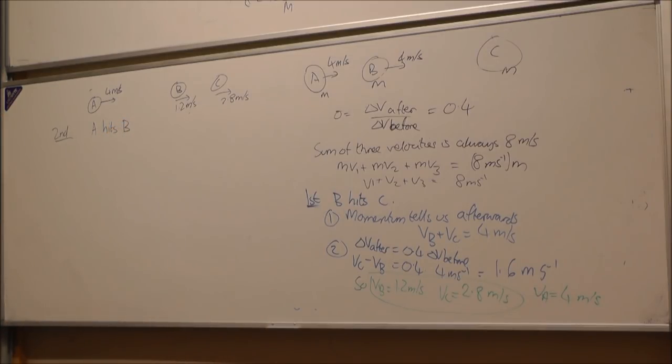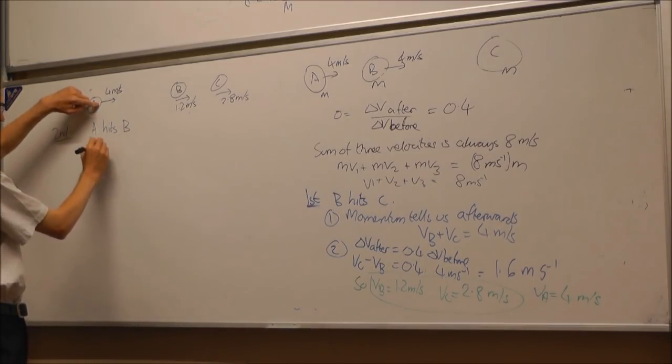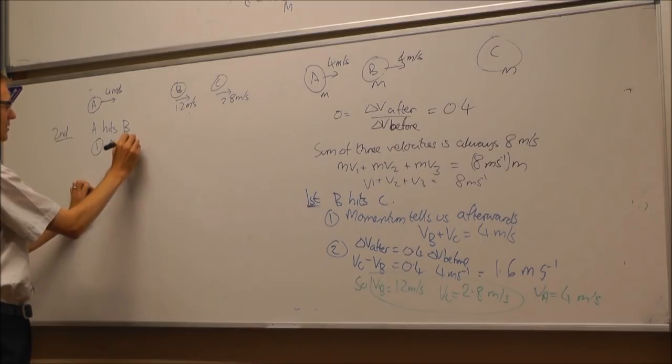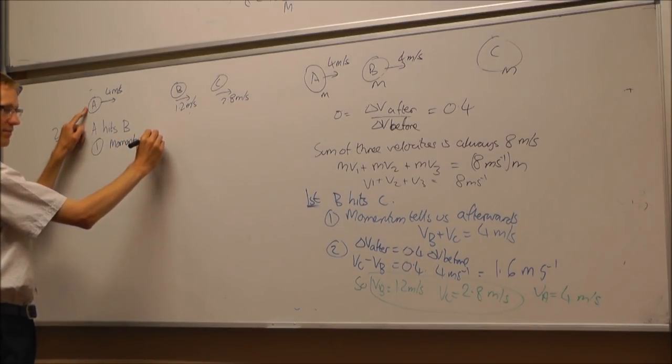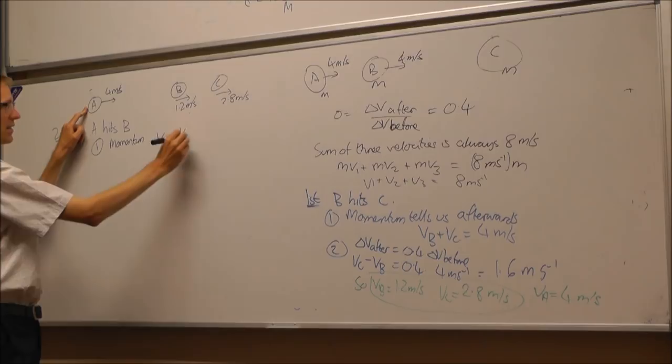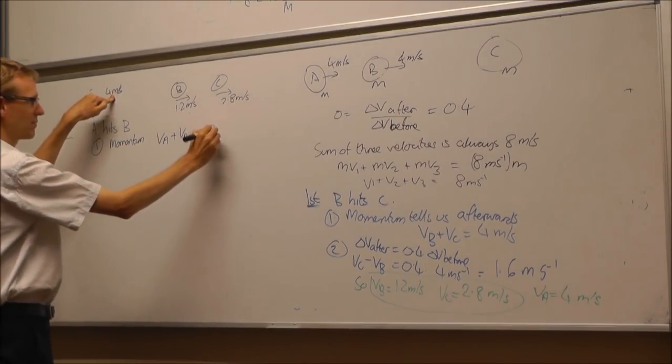And I guess we just go through all that as before. Momentum tells us that afterwards VA plus VB is 4 plus 1.2, which is 5.2 meters per second.